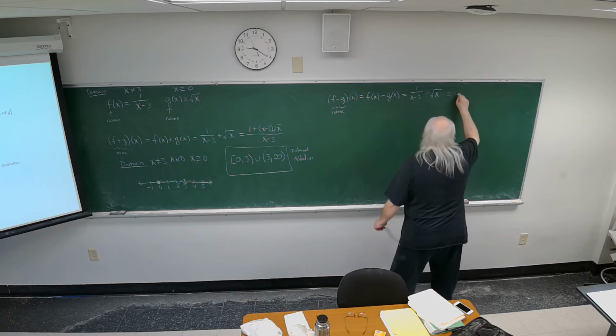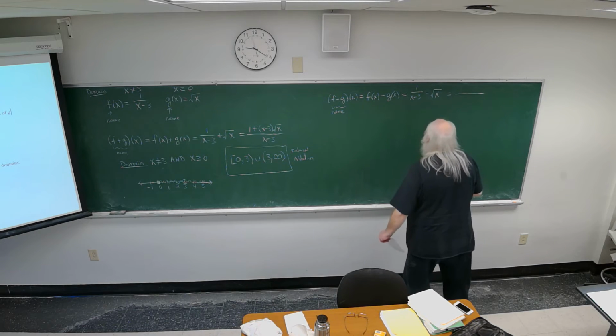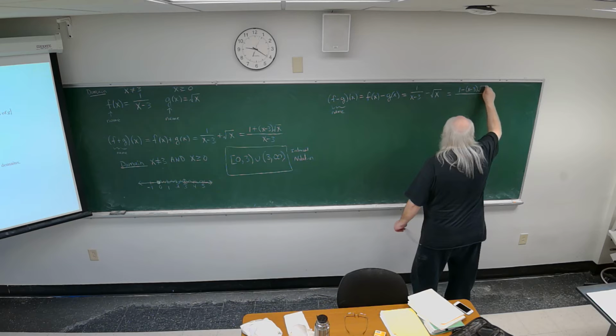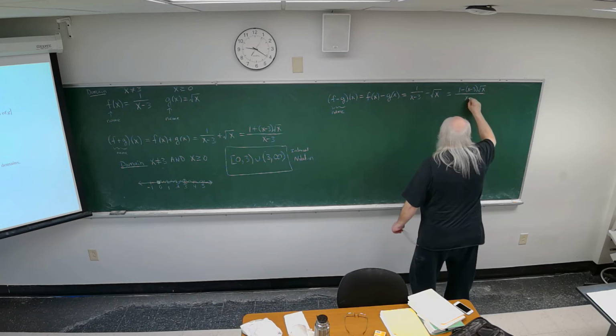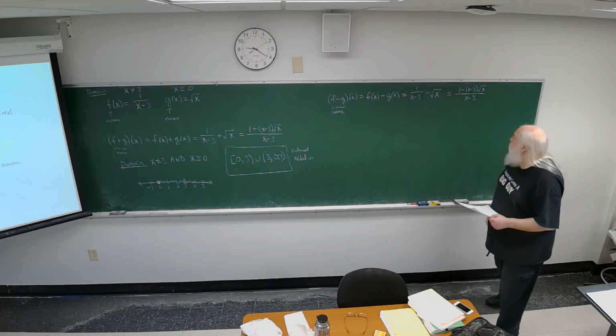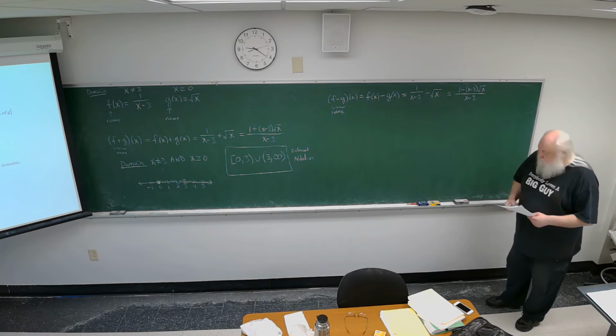And then if we write that as a single quotient, we have 1 minus x minus 3 times the square root of x over x minus 3.